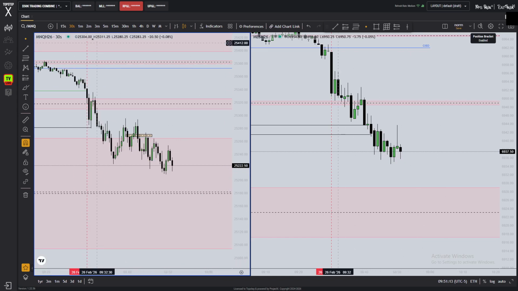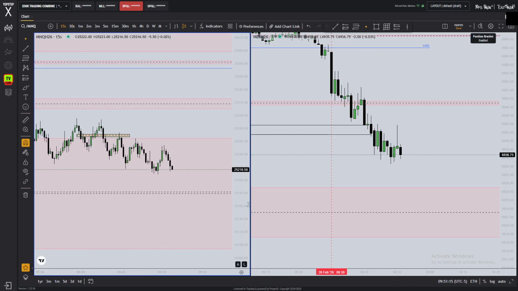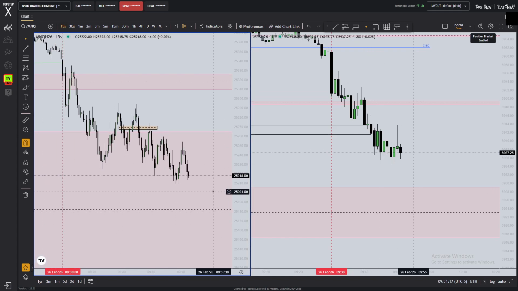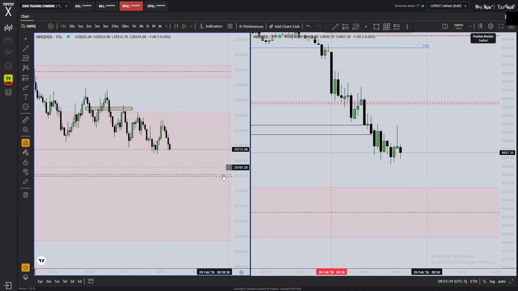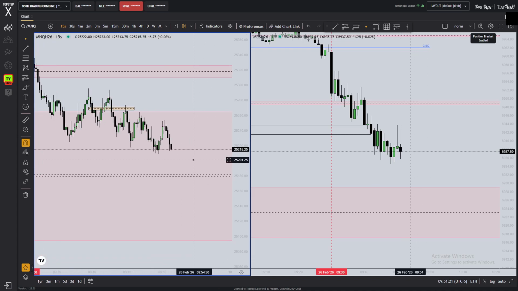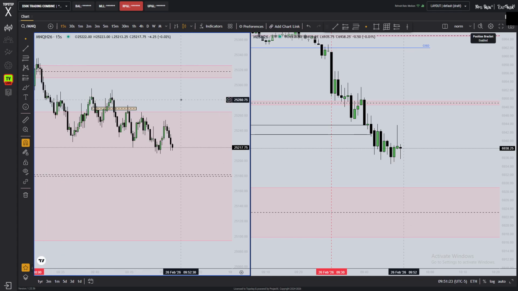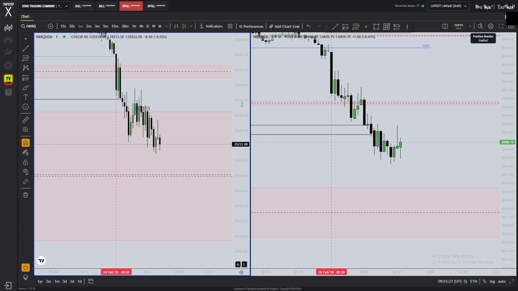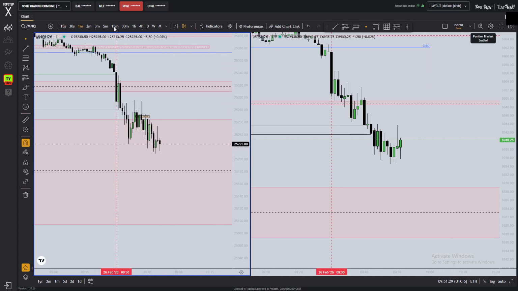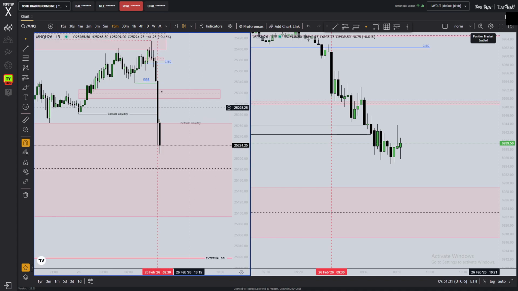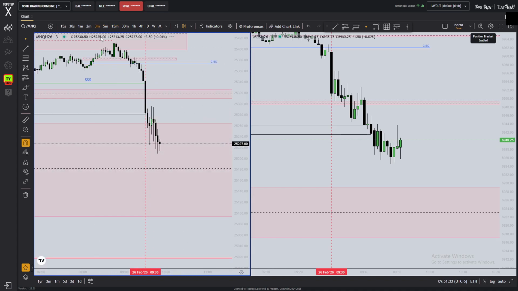There's no reason, but things happen. Looks like we're gonna actually continue to sell off lower. So again, not bad, but we just didn't have the capital or the funds in the account to not continue trading, but put our stops at a position where we would be protected.